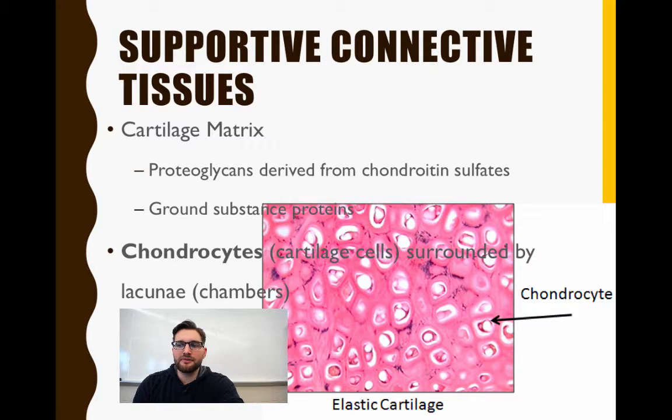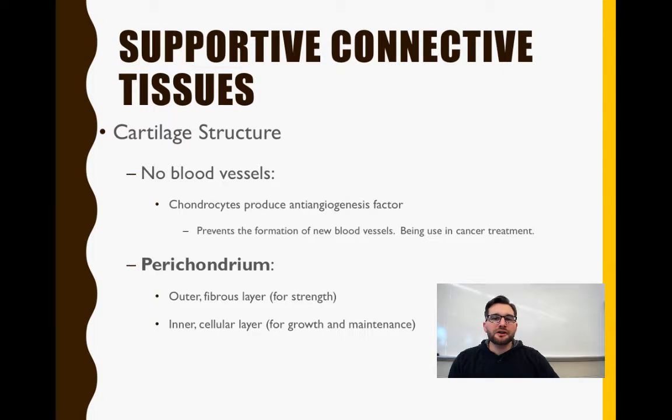They are surrounded by a number of empty chambers. Those empty chambers are called lacunae. So we can see each chondrocyte surrounded by empty chambers. The structure of cartilage.